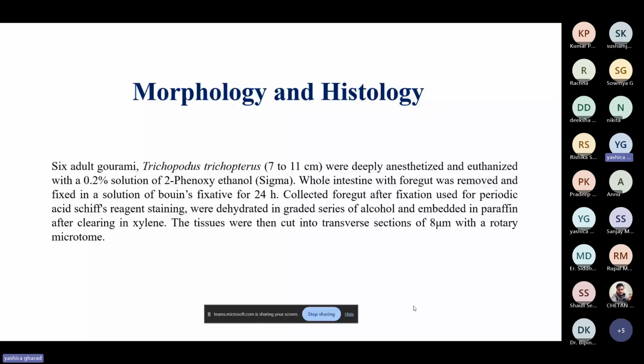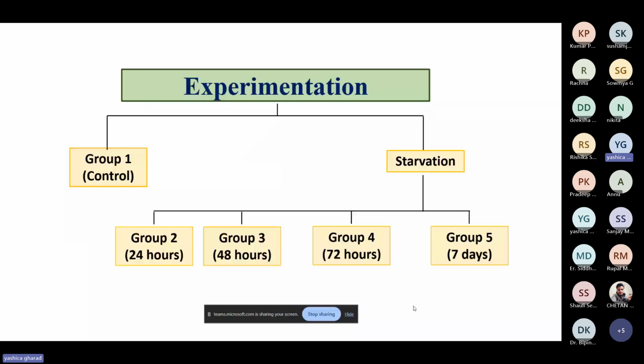To study the effects of food deprivation on neuroendocrine cells of the gut, the starvation experiment was conducted. The adult gouramis were reared under natural photoperiod and were fed once a day with commercial food till the day of the experimentation. The fishes were grouped in 5 sets, each group containing 6 fishes.